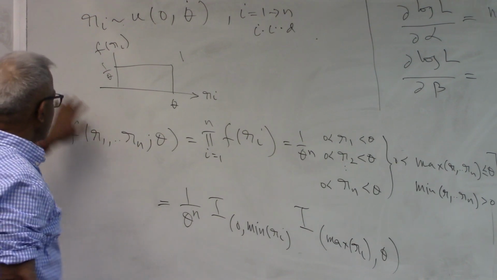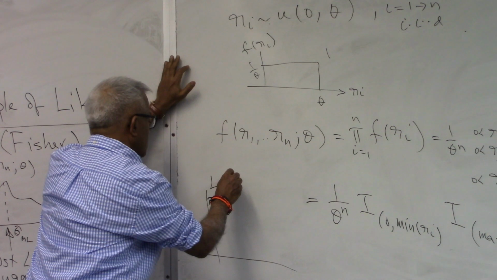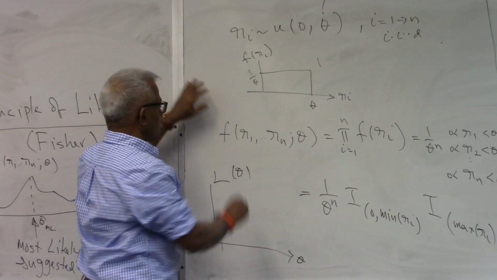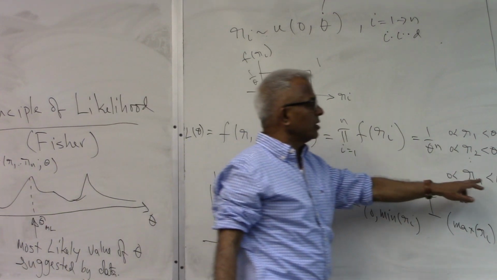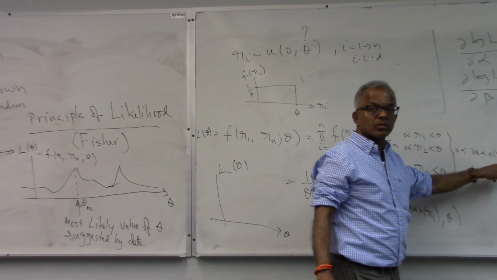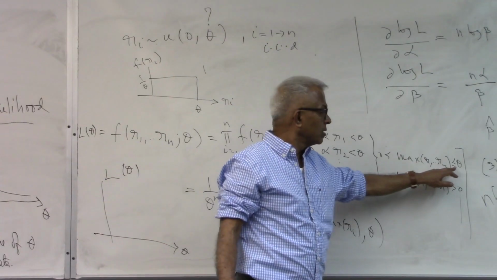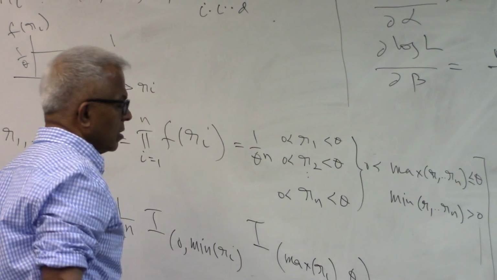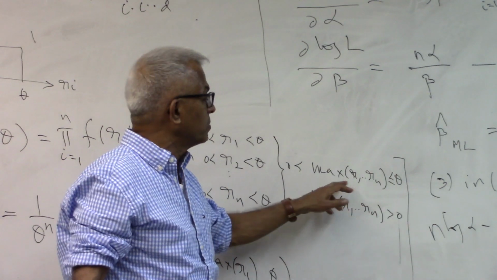So remember again, the likelihood function is a function of theta. If you plot, look here, this is your likelihood function. The minimum has to be greater than 0, which means all of them are positive.